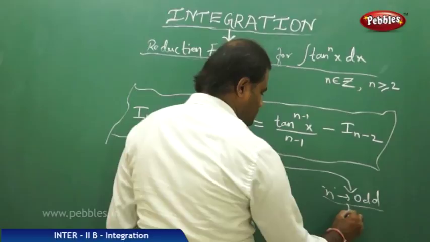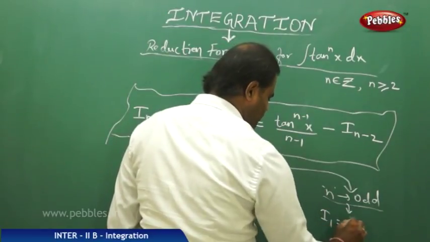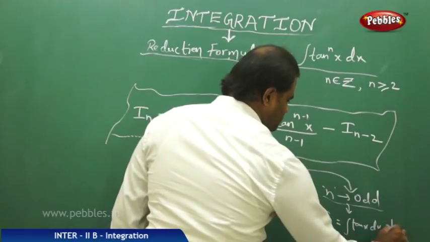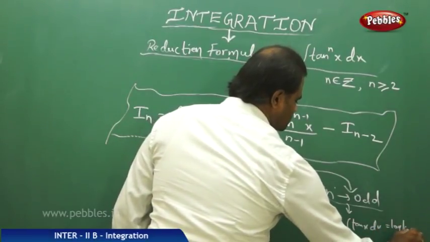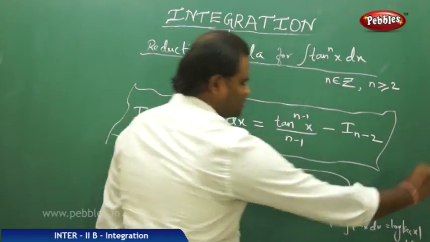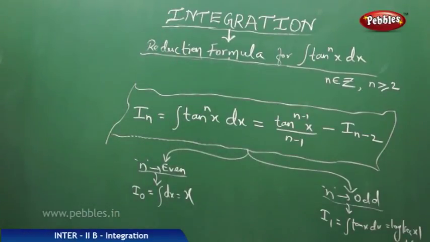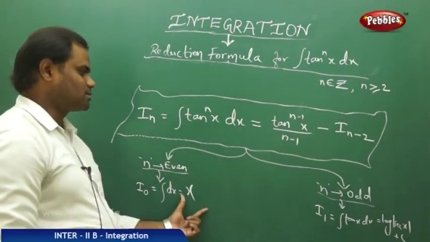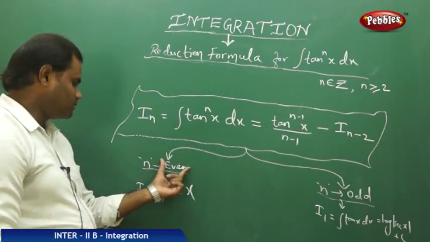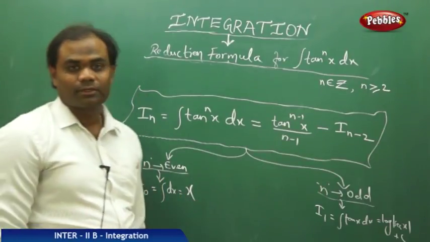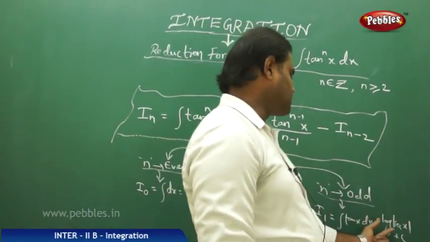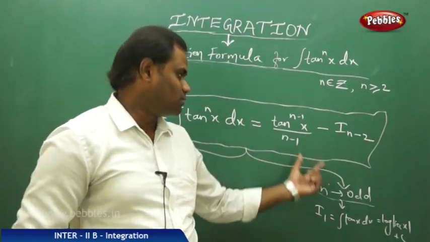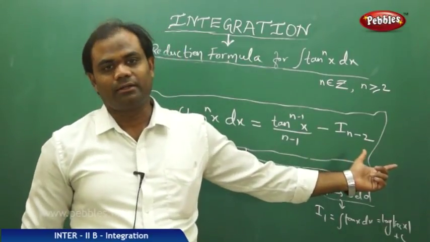And here, if n is odd, the last reduction will be I1, which is integral tan x, which is log mod secant x plus c. So integral of tan x is log mod secant x, which is I1, and this is I naught. So if n is even, the last reduction is x. If n is odd, the last reduction is log mod secant x plus c, which we use accordingly with n.